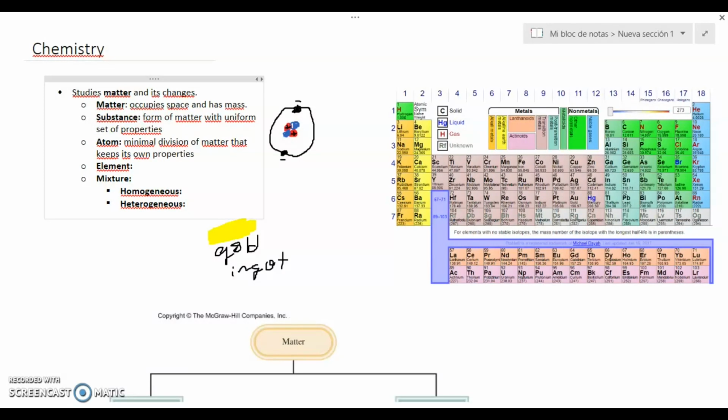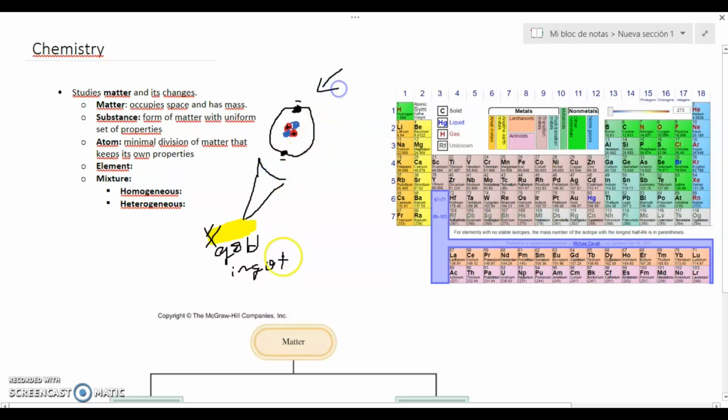And what do I mean by this? A good way of looking at this is that if I keep cutting and cutting and cutting this gold ingot, I'm essentially going to get to a point in which I'm going to get to something so small that I'm not going to be able to cut, which is an atom right there.